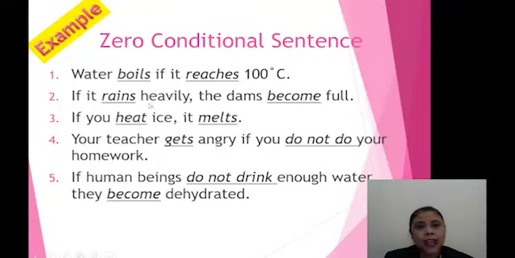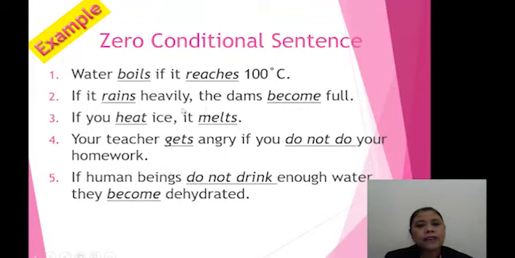If it rains heavily, the dams become full. In the example of number 2, you find two different verbs. If it rains, because the subject is it, the verb must be plus s. If it rains heavily, the dams, because the dams here is a plural subject, the verb is without s.